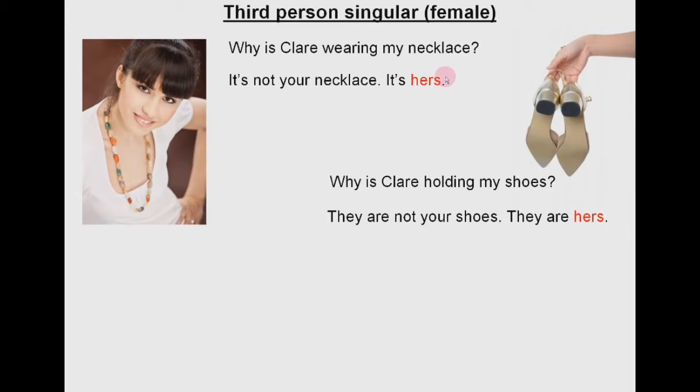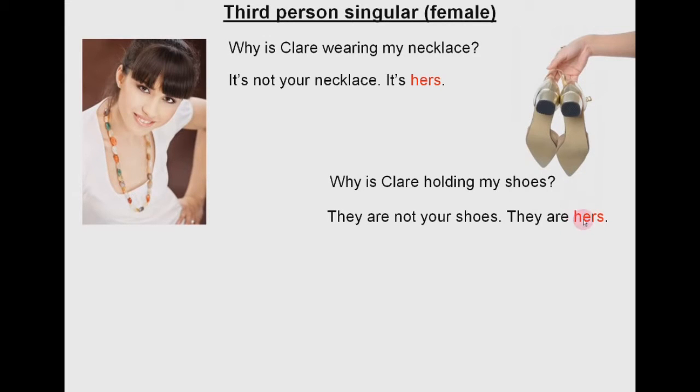In this example, it is referring to a singular noun. There is one singular necklace, hers. But here, it is plural. The noun is shoes. But we use the same possessive pronoun, hers.